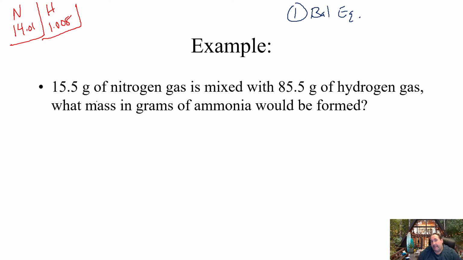Nitrogen gas is how nitrogen normally comes, and hopefully you remembered it is a diatomic molecule, right? So that's N2, not N by itself, is mixed with hydrogen gas, which is another diatomic molecule, H2, to form ammonia, which is our friend NH3.